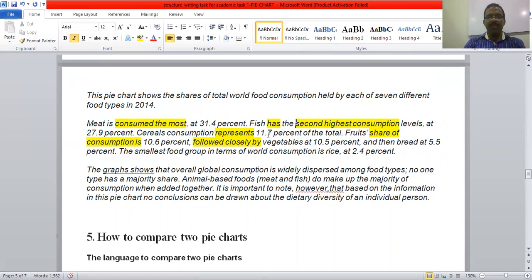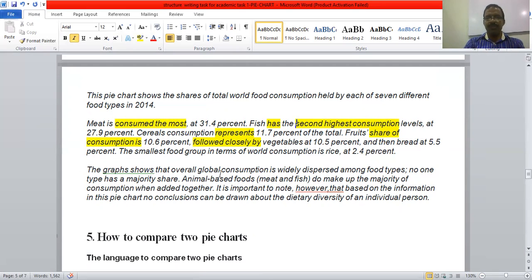Cereals consumption represents 11.7% of the total. Fruits share of consumption is 10.6%. So there are different words, like consumption represents and share of consumption. I have highlighted them in yellow for your overall learning and vocabulary. If you learn them, they will help you a lot in the coming writing class.